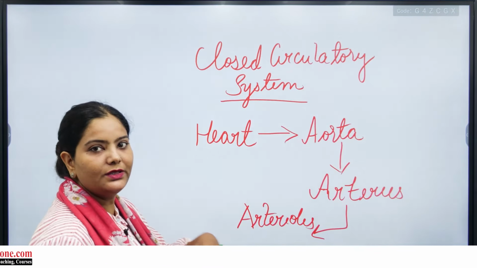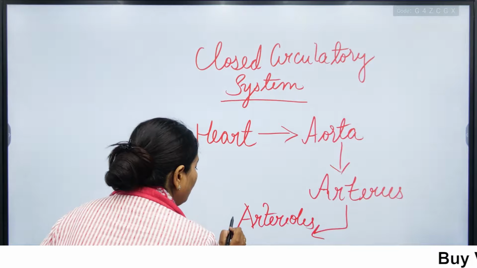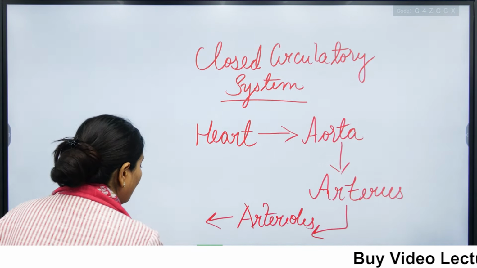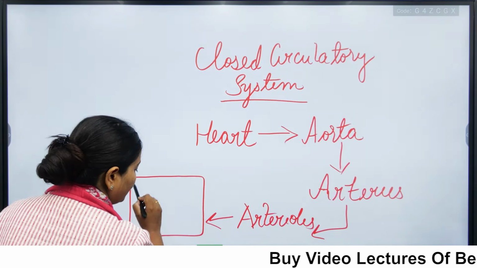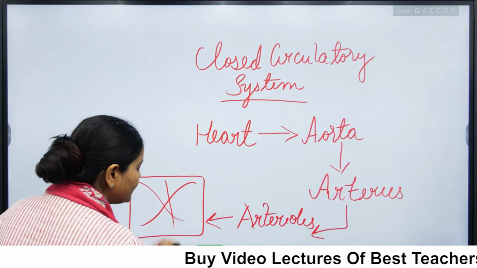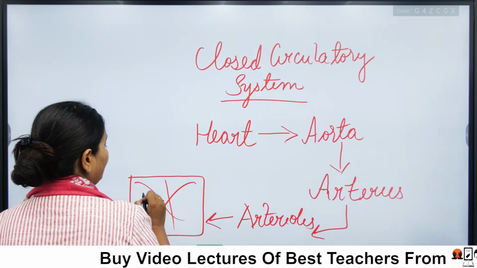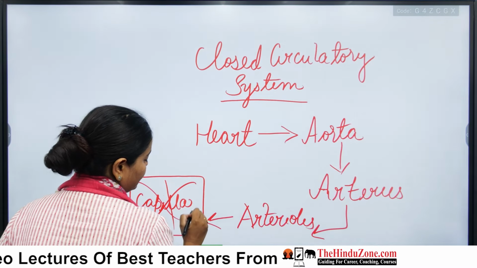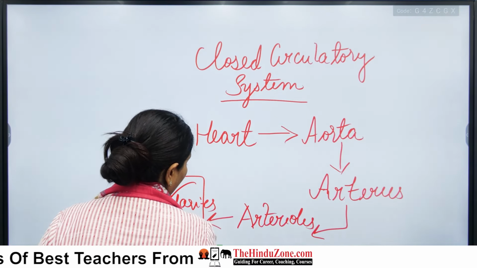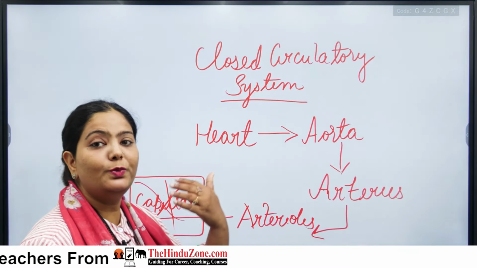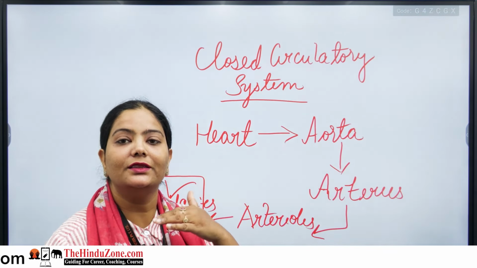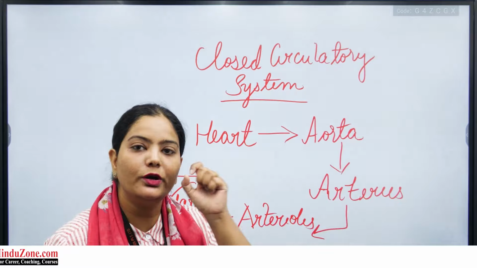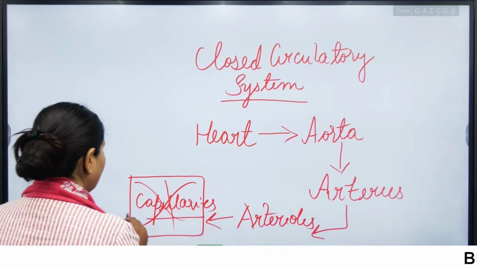And when you are on these arterioles, you will be having now a connection with your body, right? And this time it is going to be capillaries, where the exchange between the oxygen and the carbon dioxide with the body tissue will take place, right?